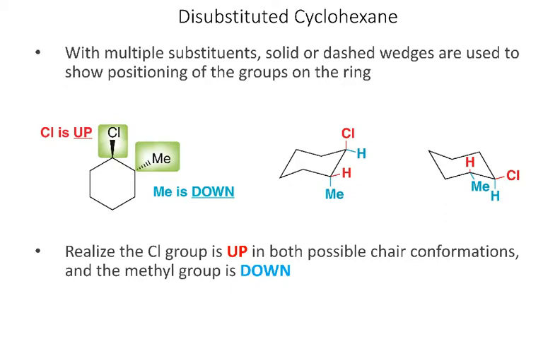And then the methyl is down, so I know that the down substituent in this one is going to be axial, the up in this one is the equatorial. And if I draw the other conformation, the chlorine went from axial to equatorial, but it's still up. And the methyl went from axial to equatorial as well, but it's still down in both conformations.